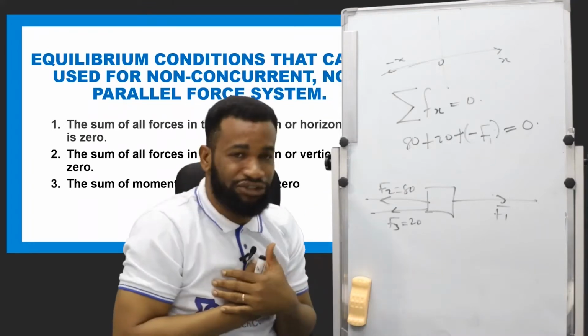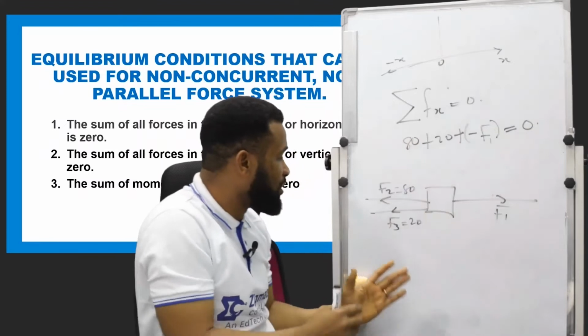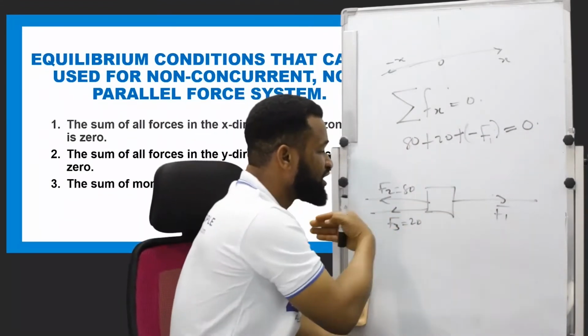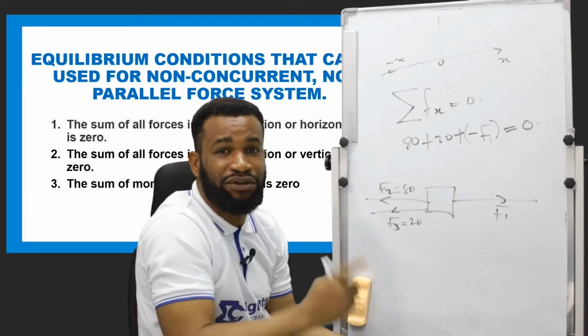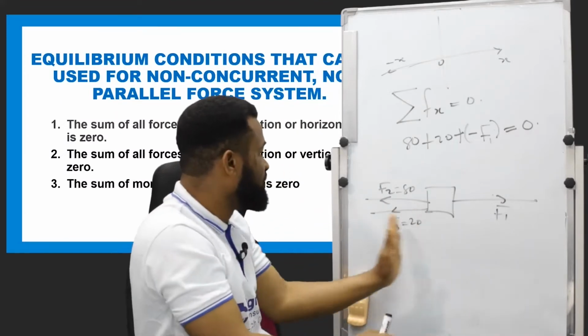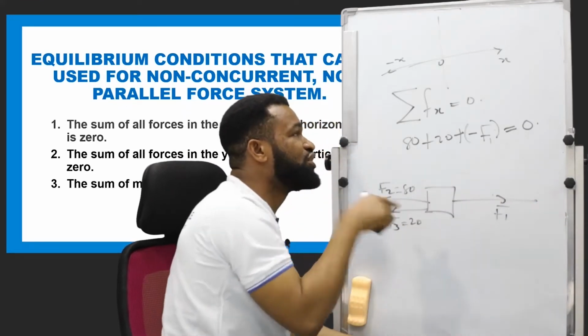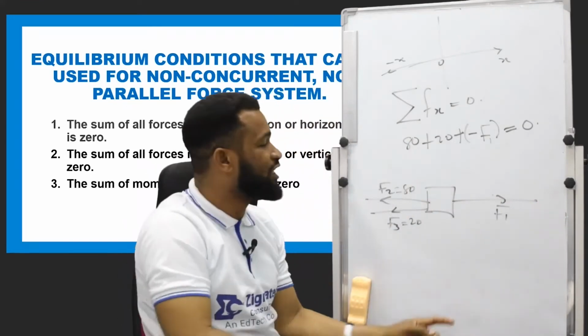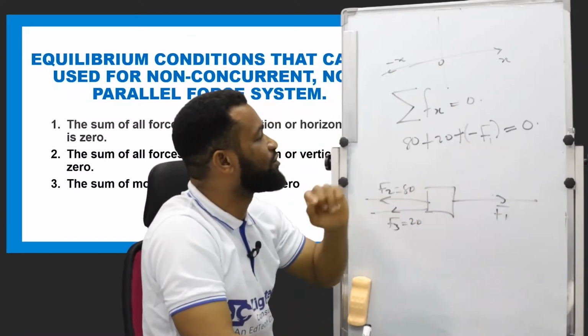So you have to make your choice and say, my positive x direction is going to be in this direction. But in this one I'm doing, I am choosing my positive direction to be the left-hand side of your screen. So the one moving in the positive direction, I choose to be my negative. That is why this F1, moving in the east direction, is negative.